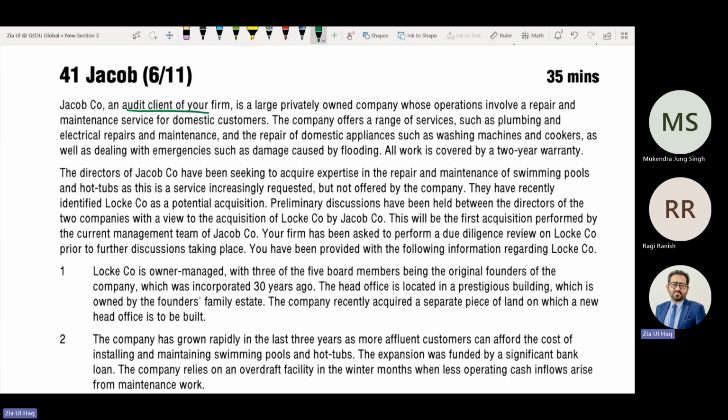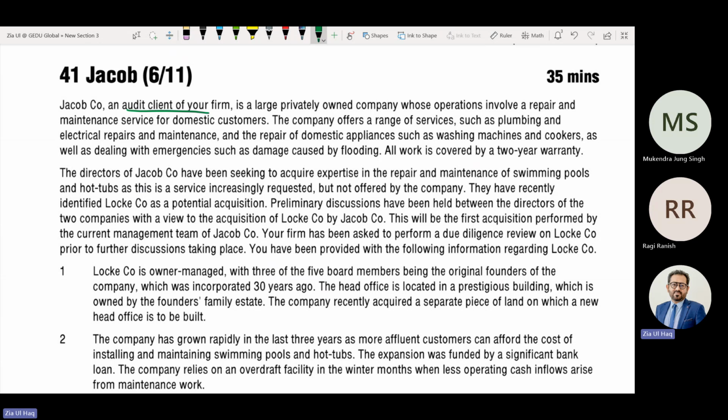The directors of Jacob Company have been seeking to acquire expertise in the repair and maintenance of swimming pools and hot tubs. This is a service increasingly requested, but not offered by the company. They want to provide these services as well. So they have recently identified Lockheed Company as a potential acquisition.